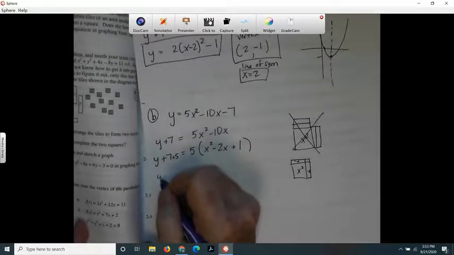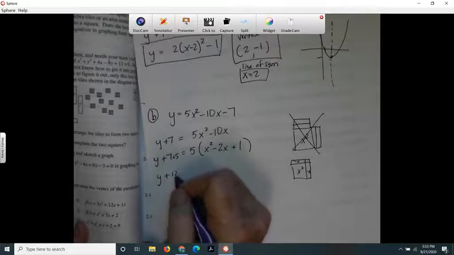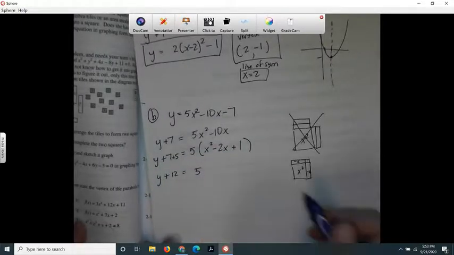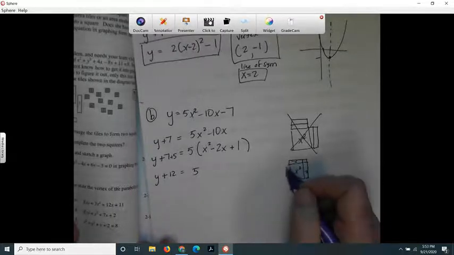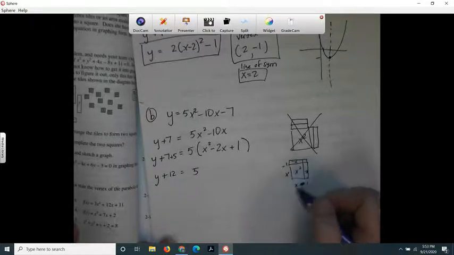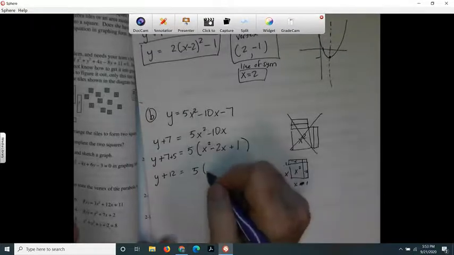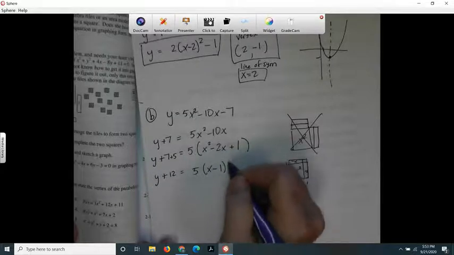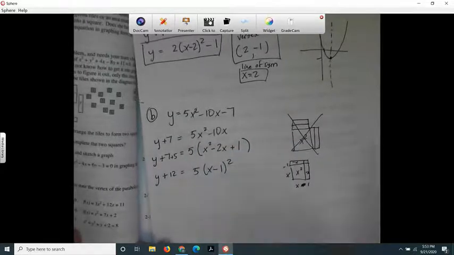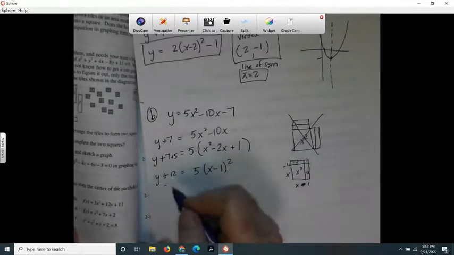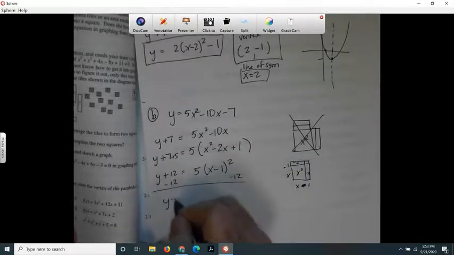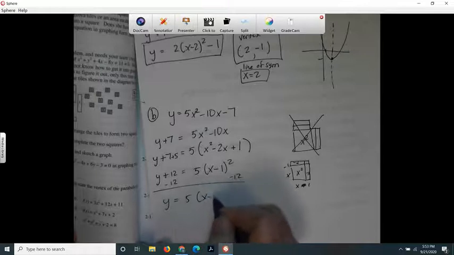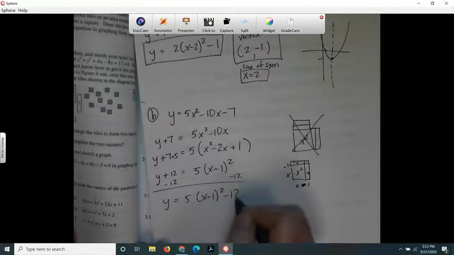So that'll give me y plus 12 equals 5. Now this thing I could write as x minus 1 times x minus 1. That's what this area model is. It's x minus 1 squared. Oh, and then I can subtract 12. So y is equal to 5 times x minus 1 squared minus 12.